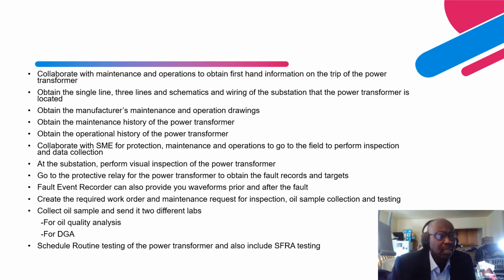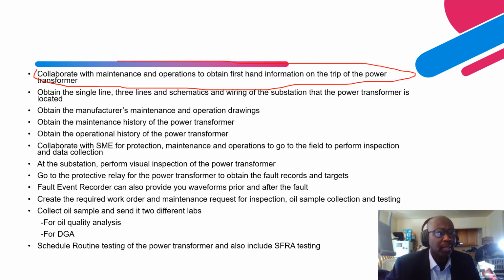First, I'll collaborate with my maintenance and operation personnel to obtain first-hand information on the trip of the power transformer. Believe me, that first-hand information is very, very important. You have a notebook.